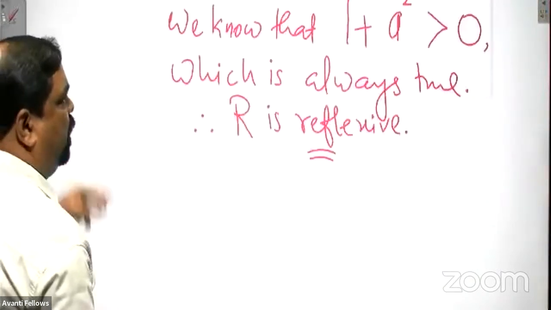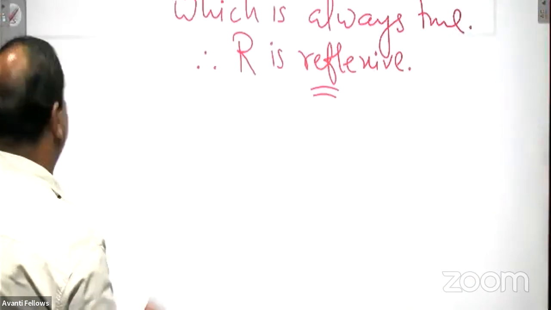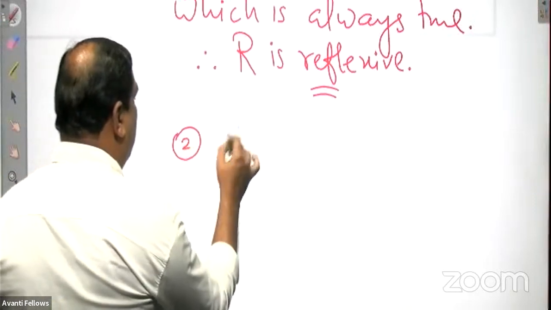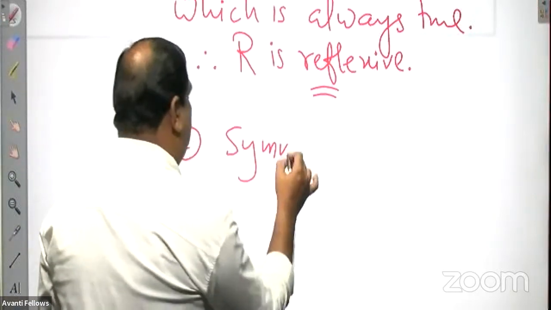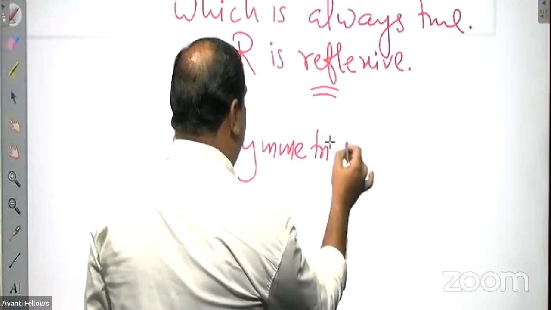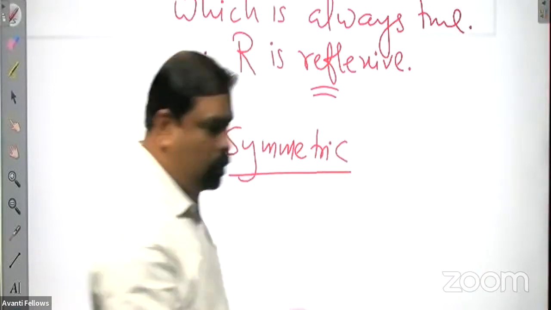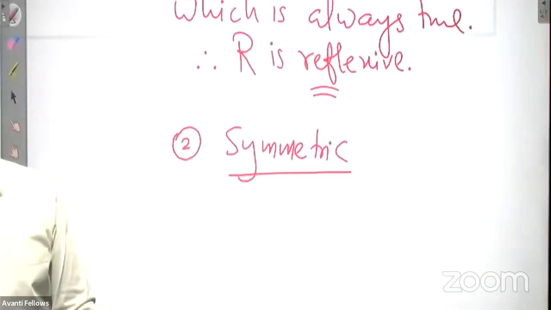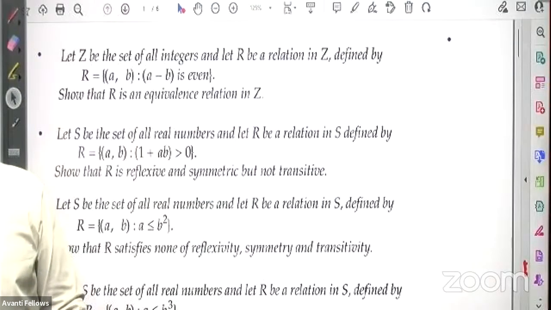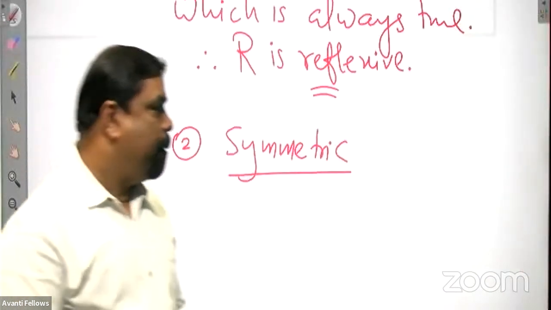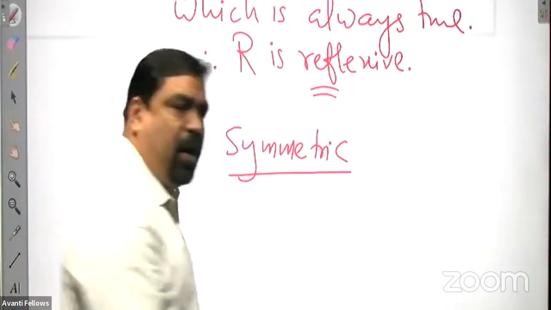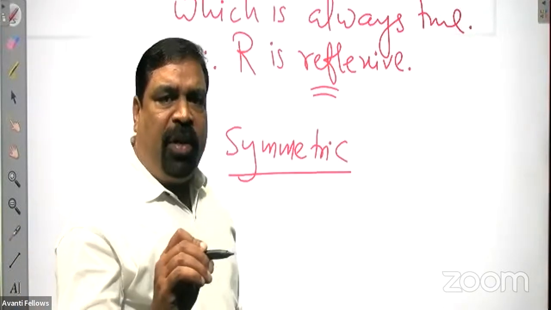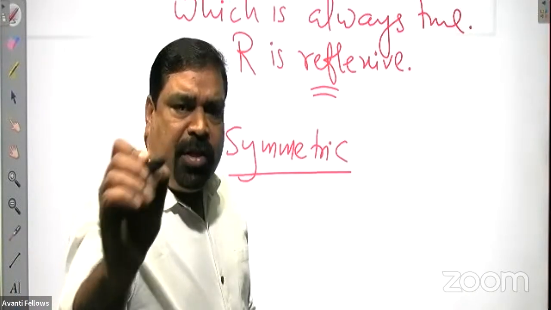Now symmetry, symmetric. For symmetric, what to do? We assume (A, B) is in the relation.